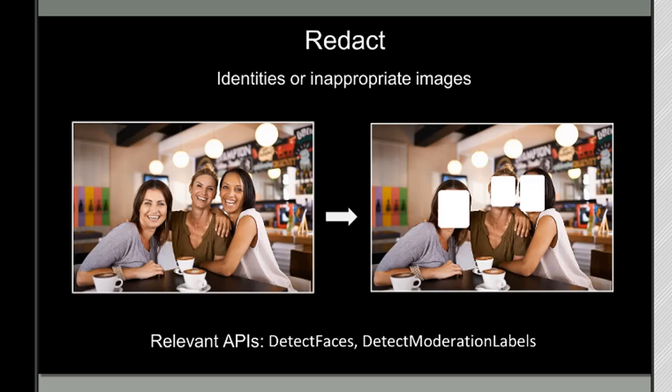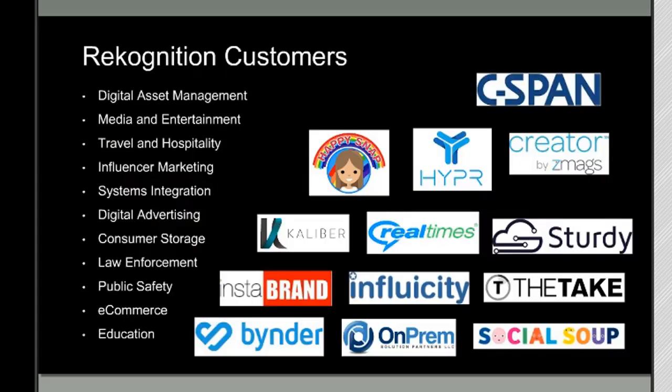You could do that more elegantly with pixelation or with blurring, very easy to apply. What we're providing there with detect faces and detect moderation labels is the ability to identify areas with a bounding box in the image, such that then you can go and edit against that and anonymize the faces or reduce the identifying attributes of the people in the image. So that's a popular use case as well.